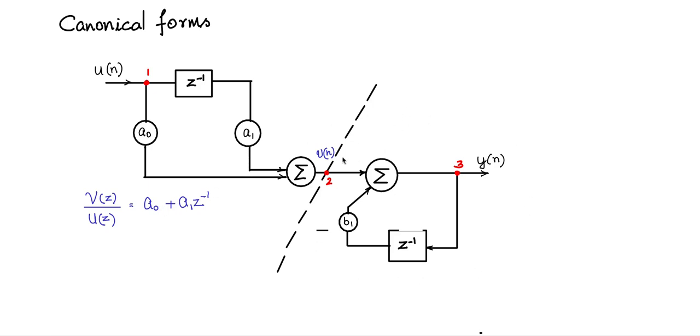And on this side, we can take the transfer function of Yz by Vz. And this is the IIR part. So 1 by 1 minus B1 into Z to the power of minus 1. So this is the transfer function of this part.